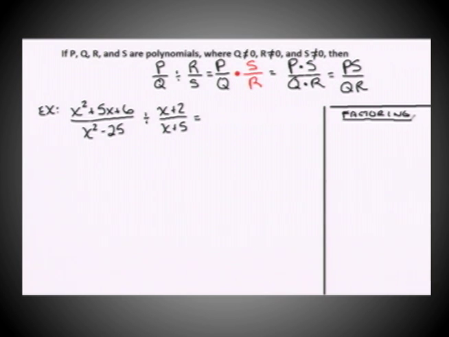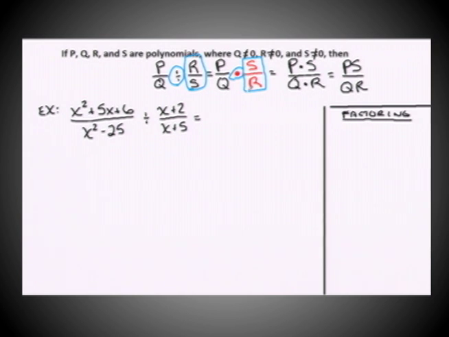You multiply by the reciprocal of the divisor. So you can see here I changed division to multiplication, and we flipped or wrote the reciprocal of the divisor there. And then we just proceed through by multiplying the numerator by the numerator, the denominator by the denominator, to get our resulting rational expression.